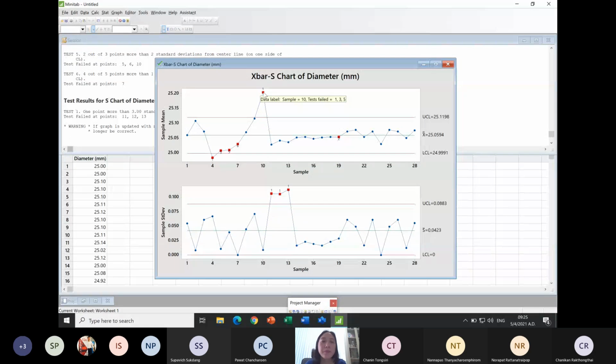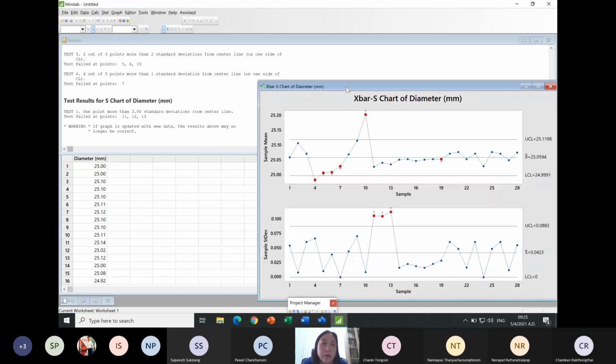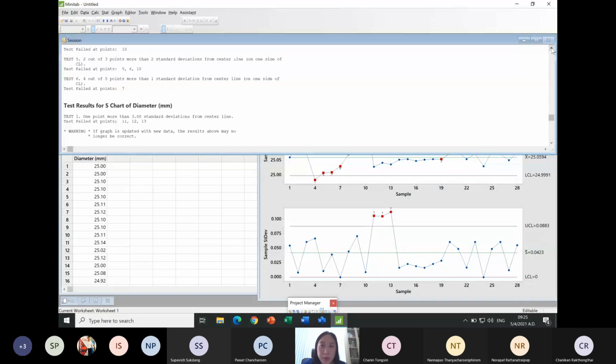So right now, I'll show you an example of how we interpret the charts. And after that, I will let you work in groups to complete all the interpretation. So I will give you one example, but actually there are several abnormal patterns that appear on X bar and S charts.